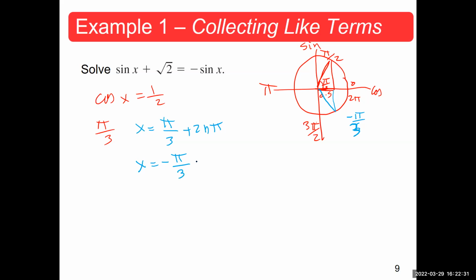I don't know if it works that way. Just a minute, let me think about it. If I add 2 pi, actually I can make it, let's see what the book did. So you can say negative 2m pi.